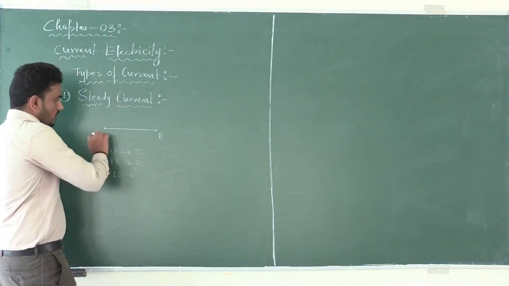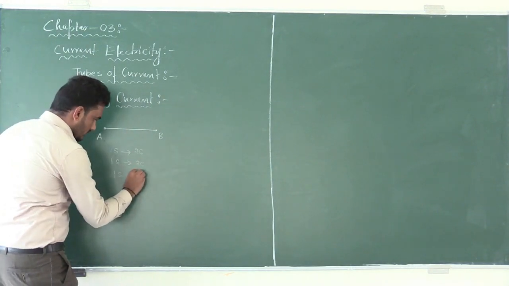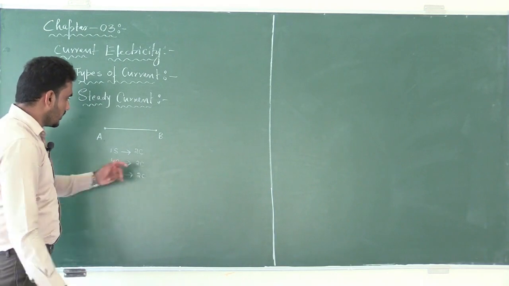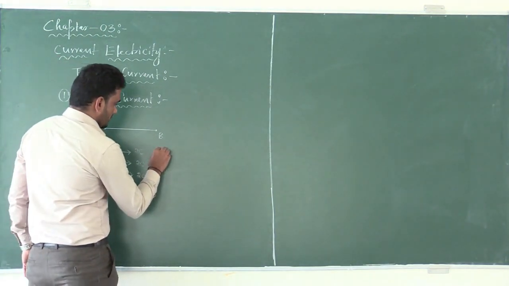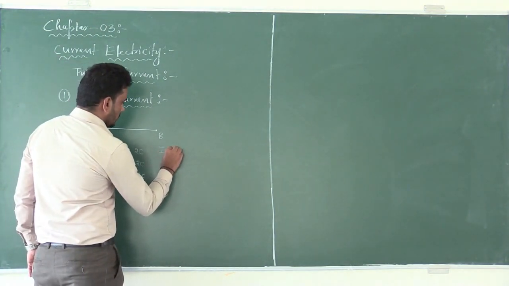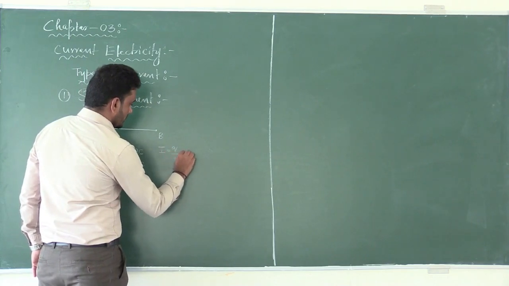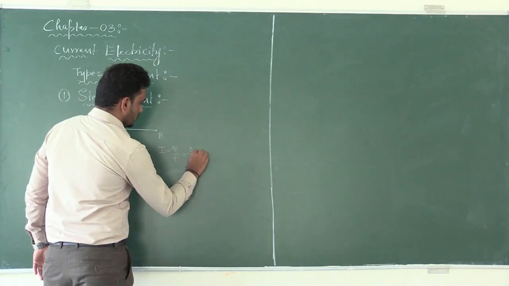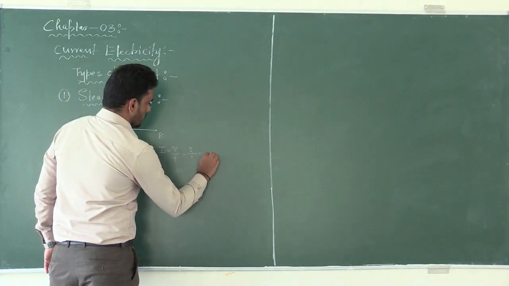If the charge that flows through the metallic conductor is 2 coulomb, then what is the current? I is equal to Q by T is the equation. In the first second, what is the magnitude of the charge? That is 2. So what is the current? 2 amps.